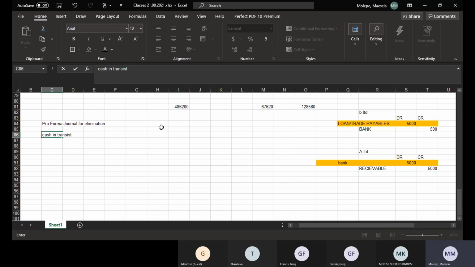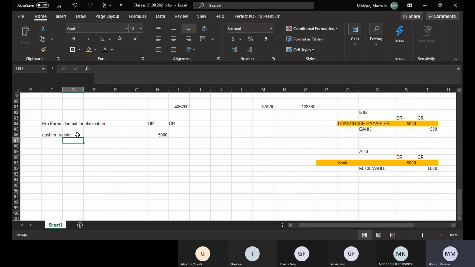It increased by the 5,000. And then the loan is not yet paid because it will be recorded in the following year, because when we are closing the books, the loan is not yet paid.